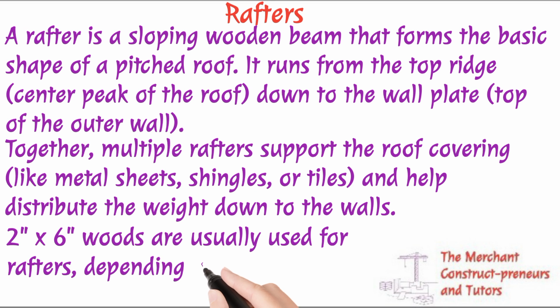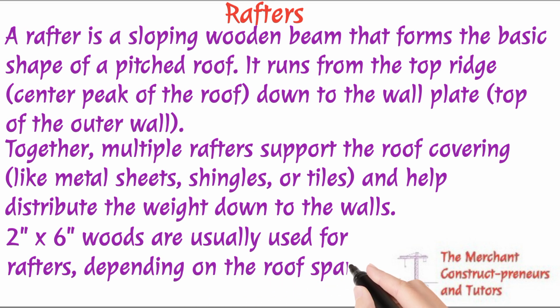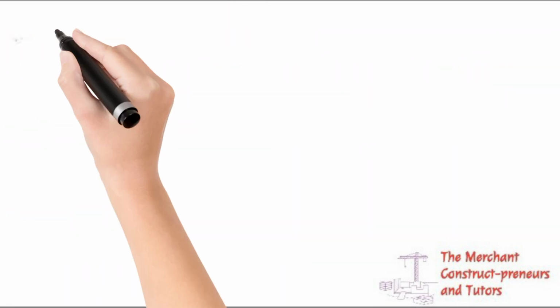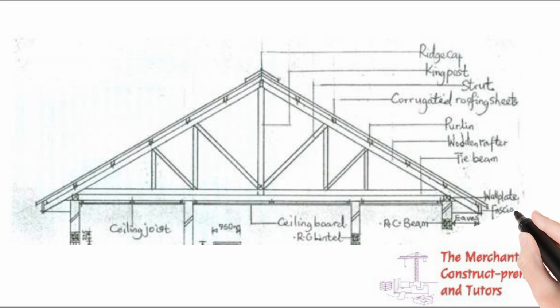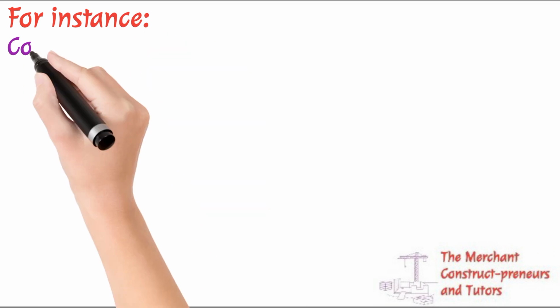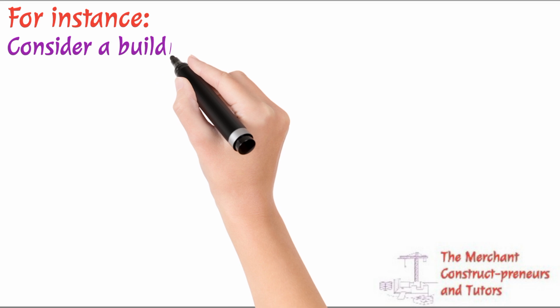This is the skeletal part of the roof. 2x6 wood is usually used, depending on the roof span. The sizes may vary, but generally 2x6 is used. It connects the topmost part, as you can see in the image here, down to the tie beam or the wall plate, depending on the case. Look at the image, you can see the arrow pointing at the rafter.